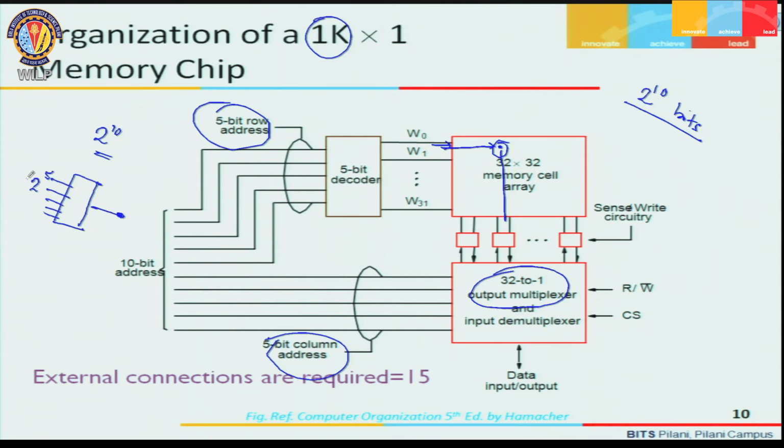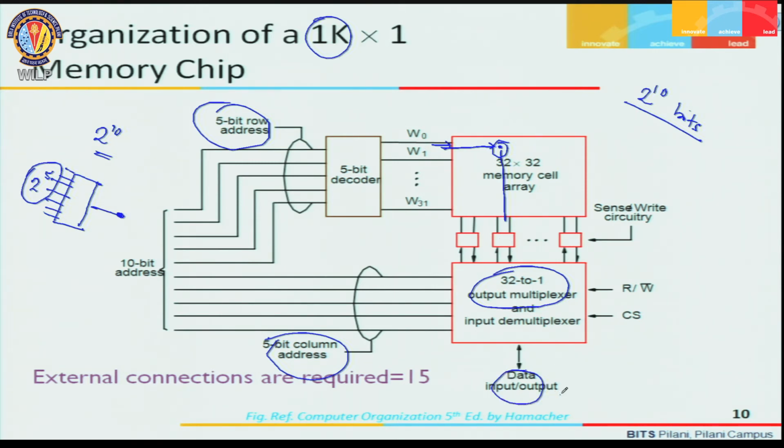Out of these 32, one output will be transferred here. So, total 32 inputs will be there to this multiplexer and one will be transferred as an output.